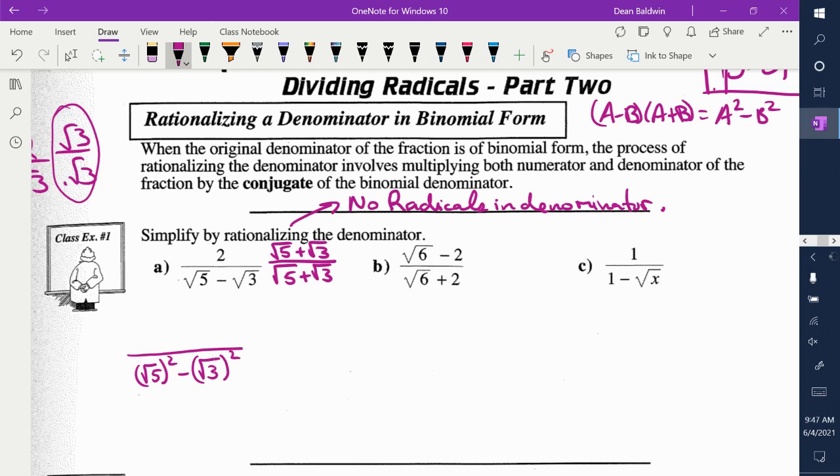Now you could FOIL it out. You'll get the right answer, but it's way more work. The top, this 2, because these are technically in brackets, gets multiplied by both of those. So we get 2 root 5 plus 2 root 3.